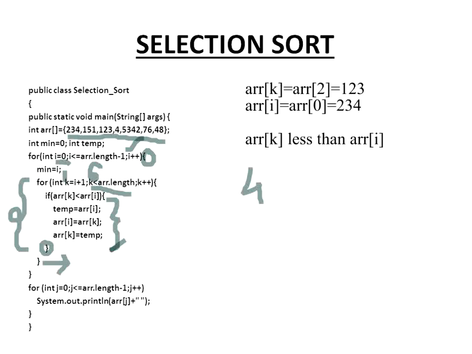Again it will check the condition that i is less than or equal to ARR.length minus 1. It is 6, so yes, 1 is less than 6. So again this whole loop will execute, and once it executes, we get the second smallest number at second position. So this time we will get 48.